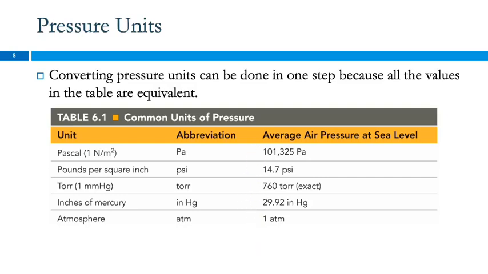They are all the pressure at sea level. And so to do a conversion between pressure units is always one step. You don't have to go through a bunch of different things. You've got the unit you're given, the unit you want, and you just pick the 2 values out of here. Because 14.7 psi is the same as 29.92 inches of mercury. 1 atmosphere is equal to 101,325 pascals. Okay, so it's always just one step.